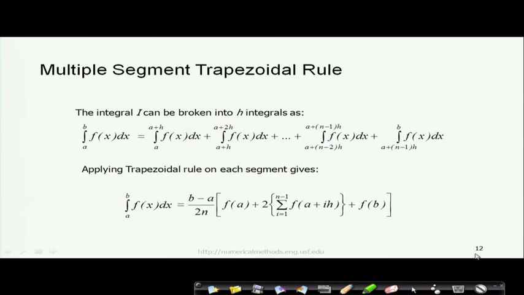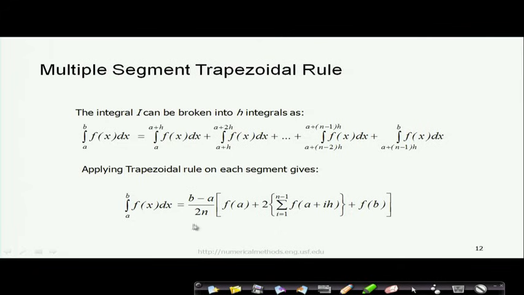Okay. So, now in the multi-segment trapezoidal rule, the integral I can be broken down. This is simple. From a to a plus h, I can have the integral of f(x) dx, a plus h to a plus 2h of f(x) dx, plus a plus (n minus 2)h to a plus (n minus 1)h of f(x) dx, and a plus (n minus 1)h to b. So, all the segments are being added together.